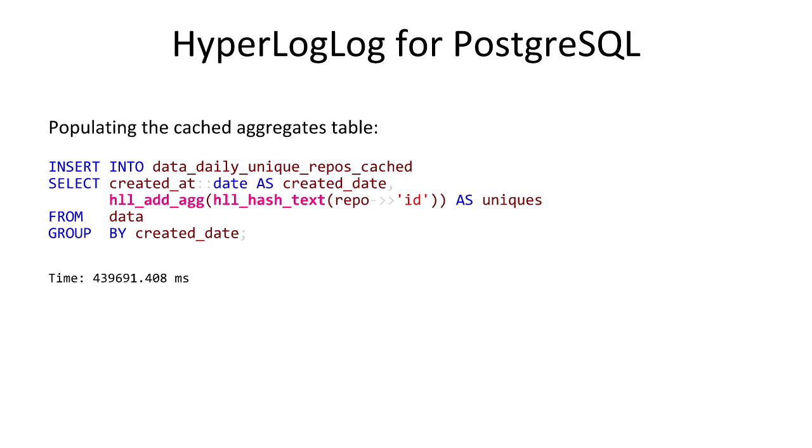This produces an HLL data structure which counts all of those events, and it's grouped by date, so all the different repositories that had events on that particular day. So you might run this query. It takes a while, partly just because distinct counts take a while.